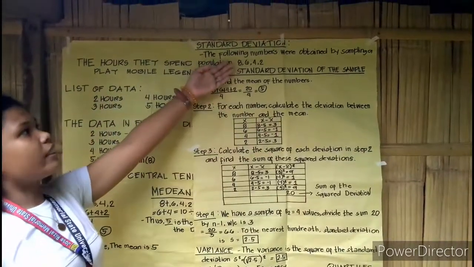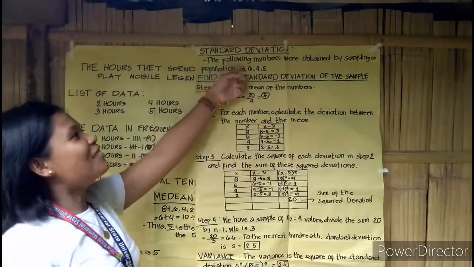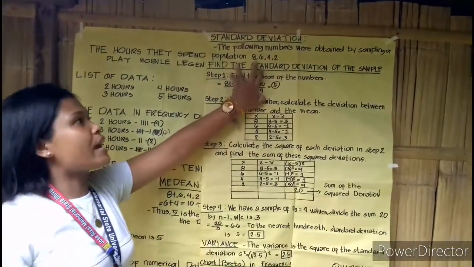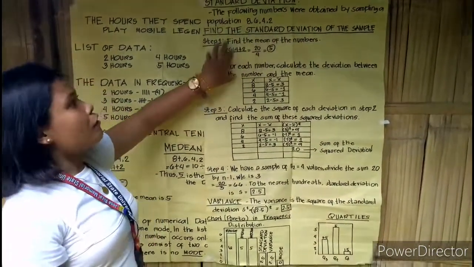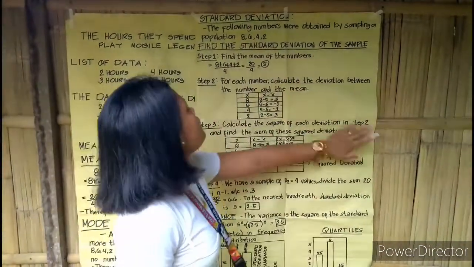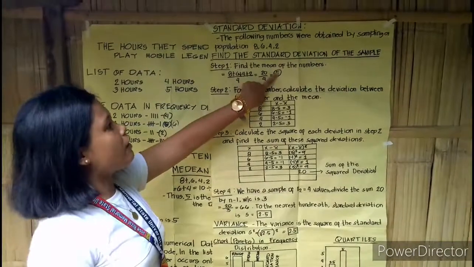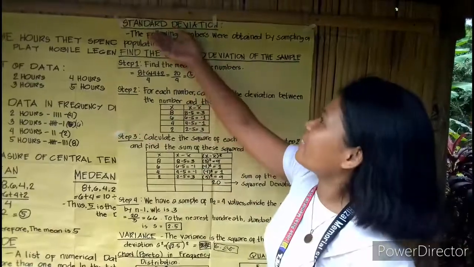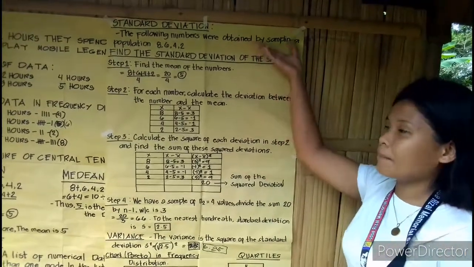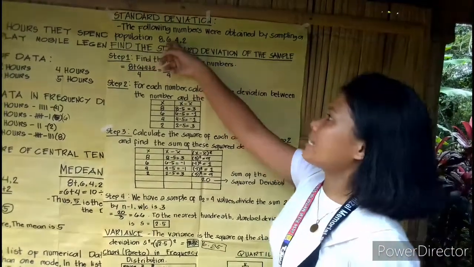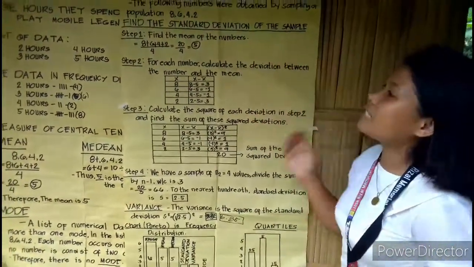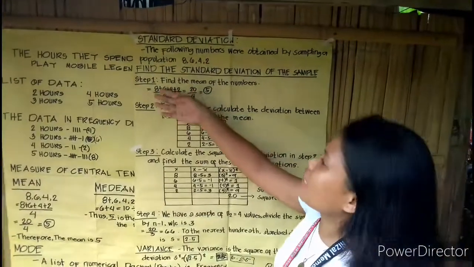So, let's go to the standard deviation. The following numbers were obtained by sampling a population, which is 8, 6, 4, and 2. Find the standard deviation of the sample. So, we need to follow the steps.